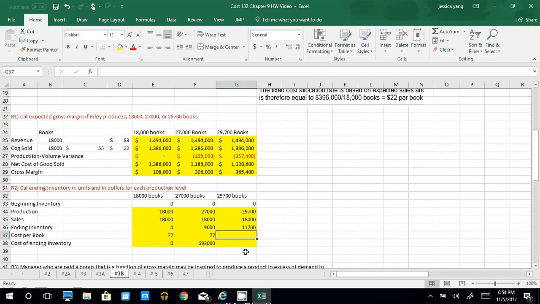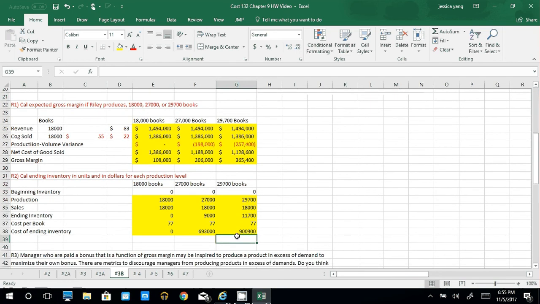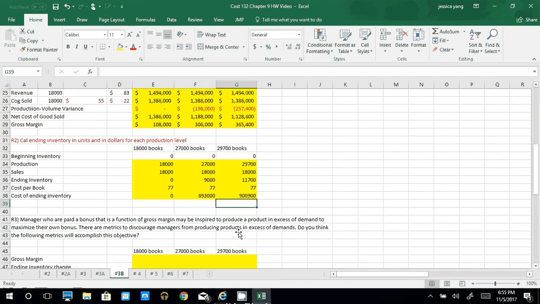That gives me a difference of 11,700 because I'm selling per book at $77. By taking 11,700 times $77, I get $900,900 cost of ending inventory. Moving on to requirement number 3.